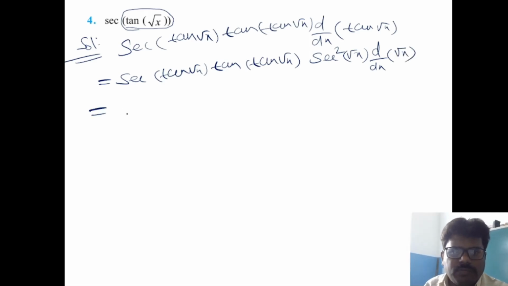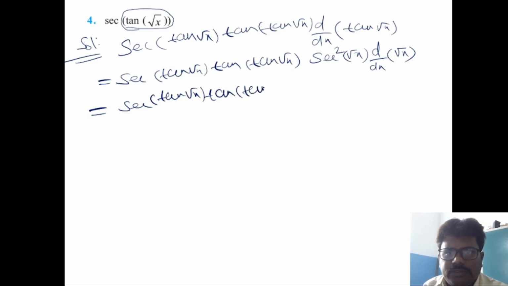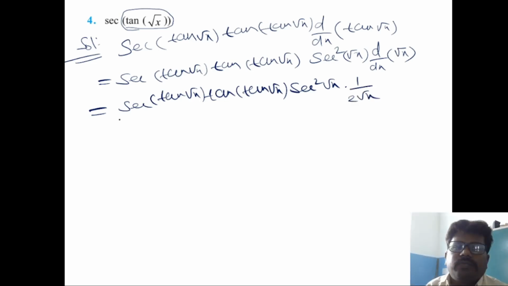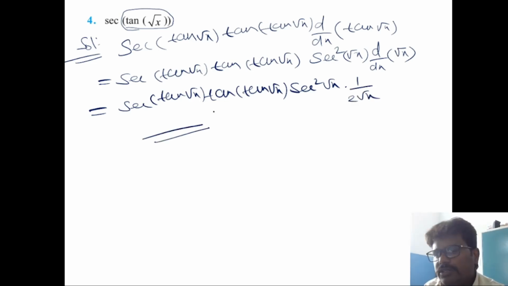So in the next step you write as it is: secant of tan root x, tan of tan root x, secant square root x. Now we have to find the differentiation of root x. The differentiation of root x is 1 by 2 root x. So this is the final answer.